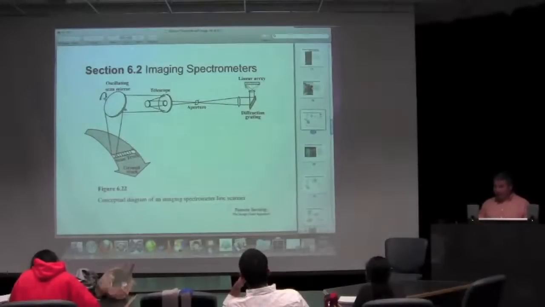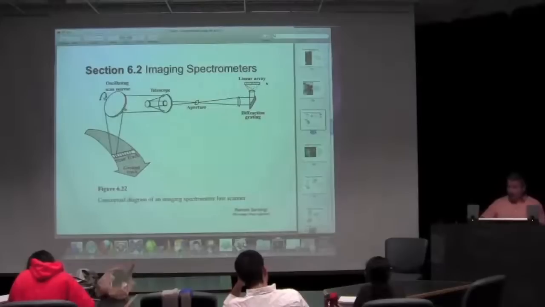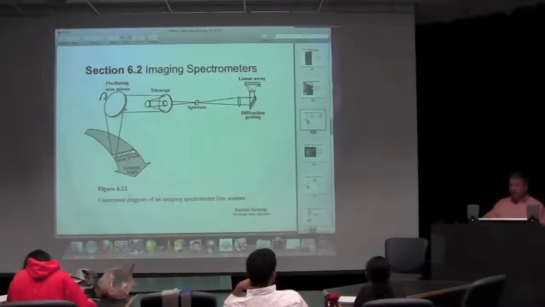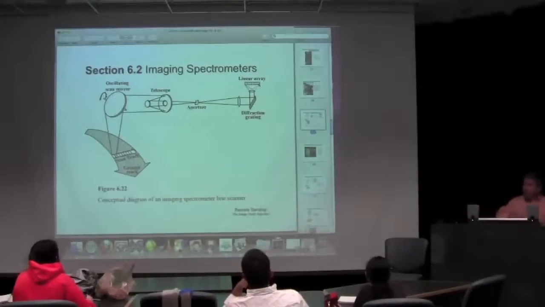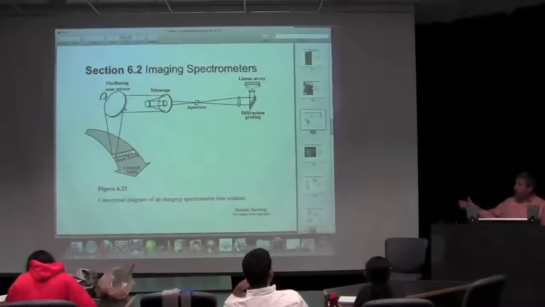So if we take a linear array like you might have in a desktop scanner, and place it so that the dispersed energy falls from the shortest wavelength to the longest wavelength across there, because these detectors are butted right up against each other, it assures you have continuous coverage across the whole spectrum that you're dispersing at this point.